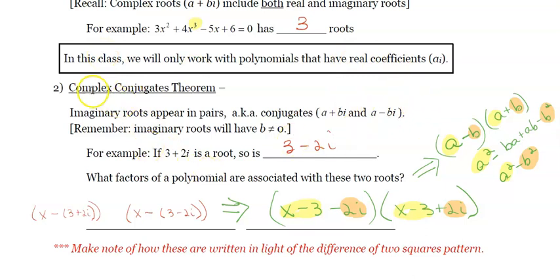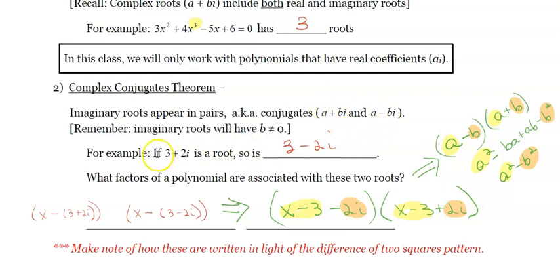Just to remember, the complex conjugates theorem is important. Imaginary roots will appear in pairs, and we call these pairs conjugates. Con means with, so with each other. Here's a plus bi; its conjugate is identical except for the operation right here.